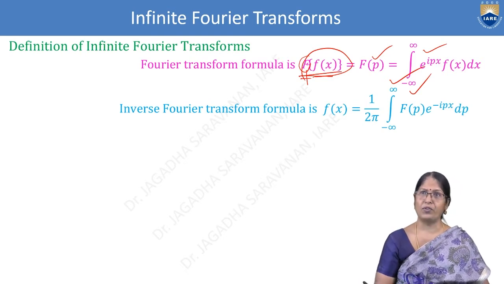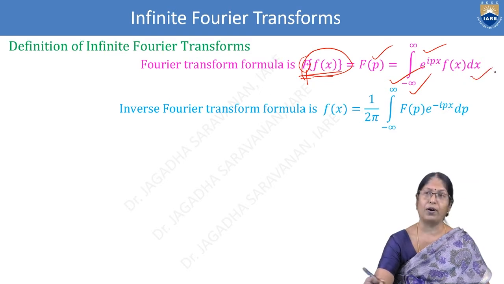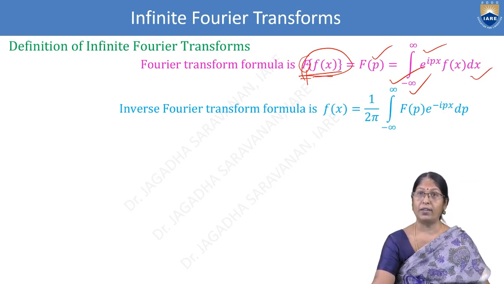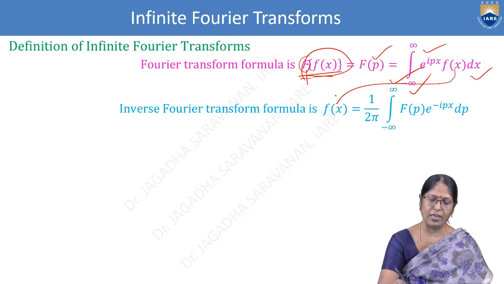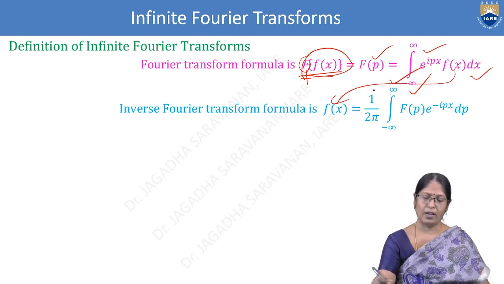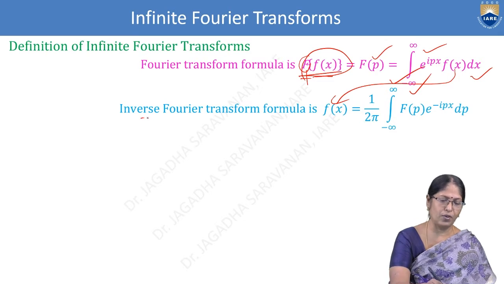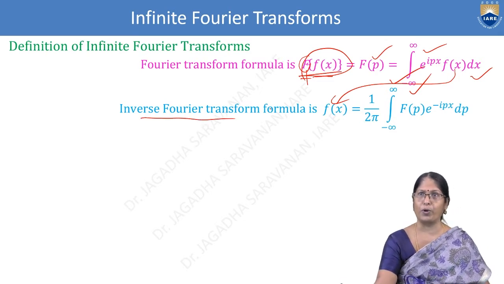Inverse Fourier transform formula: if we compare the Fourier transform and the inverse Fourier transform, here the function f of x comes out of the integral. That is an easy way to remember the inverse Fourier transform formula.